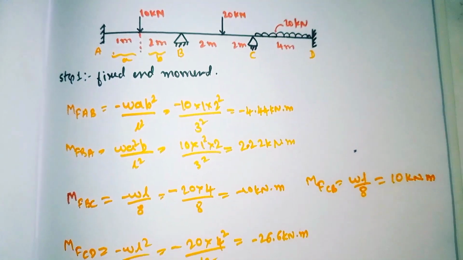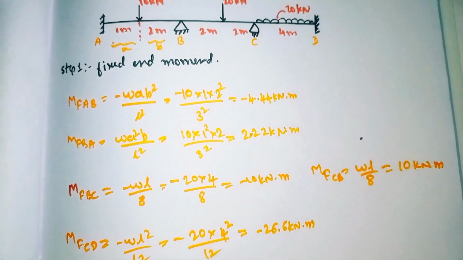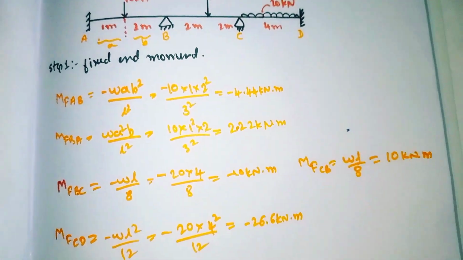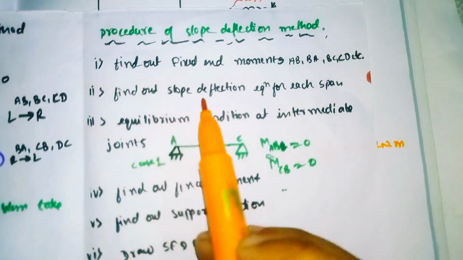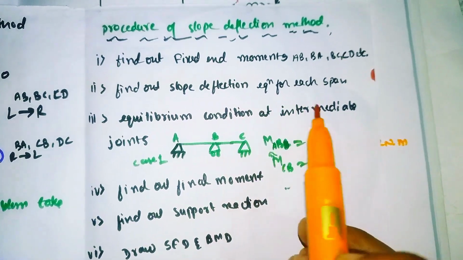So this is our first step. Now we move to the second step, which is the calculation of the slope deflection equation for each span.